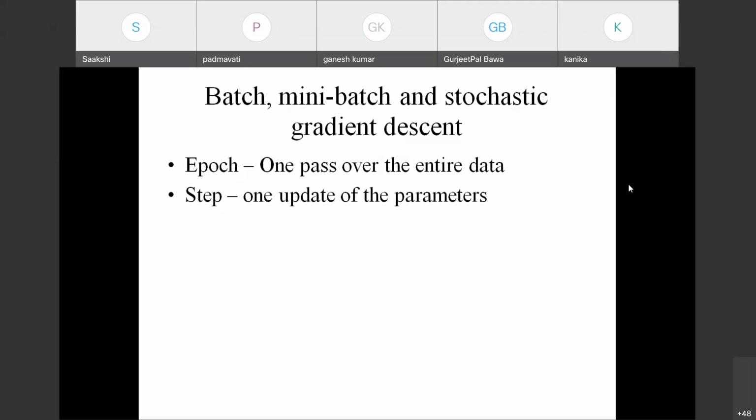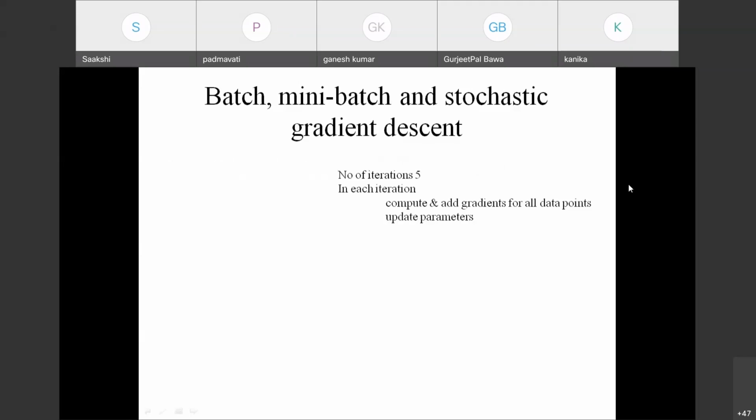In one epoch, we can have one update, or we can have n number of updates as well. We will see when we get one update and when we get a number of updates. But the minimum is that in one epoch, we will do at least one update. Let us see. In batch gradient descent, we need to select the number of iterations.